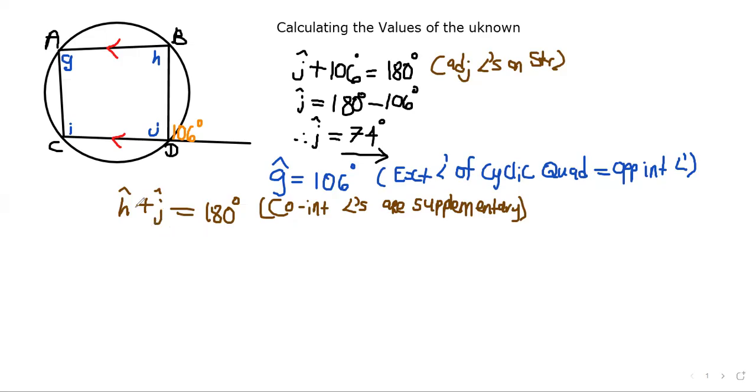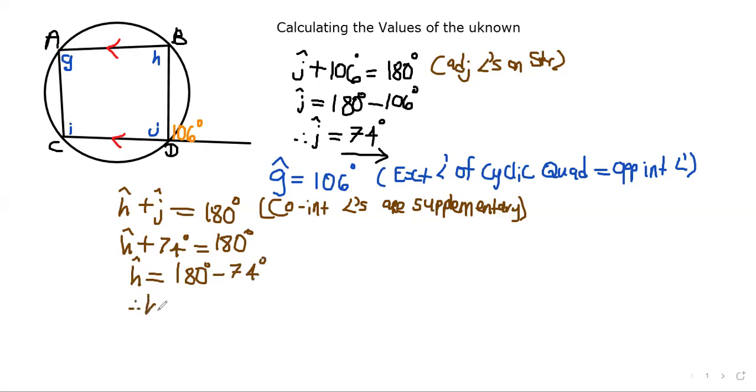From here, we are solving for H. I'm going to say angle H plus, and since we got angle J being 74, we can now write 74 degrees there, is equal to 180 degrees. Then angle H is equal to 180 degrees, and you take positive 74, transpose it that side, it changes the sign to become minus 74 degrees.